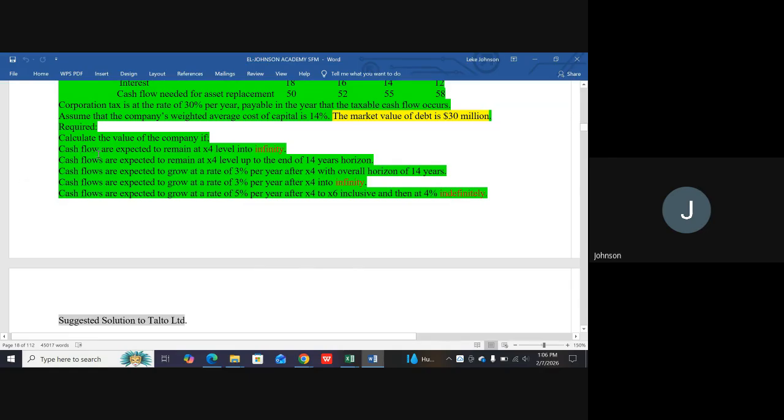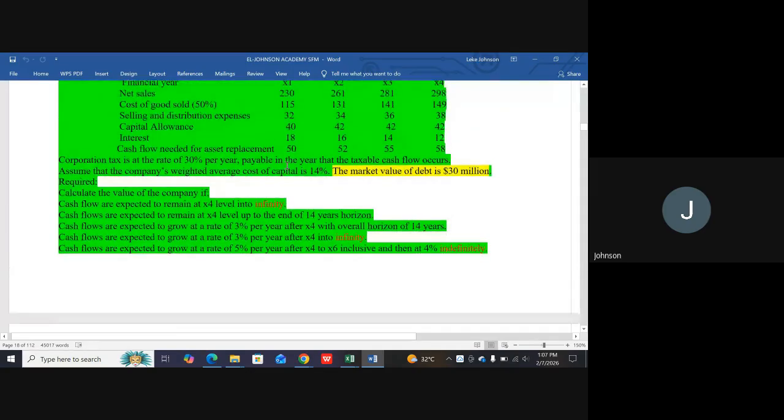The first one is cash flows are expected to remain at year 4 level into infinity. Now, when cash flows remain at year 4 level into infinity, whenever something is going into infinity, they call that, I think, perpetuity.